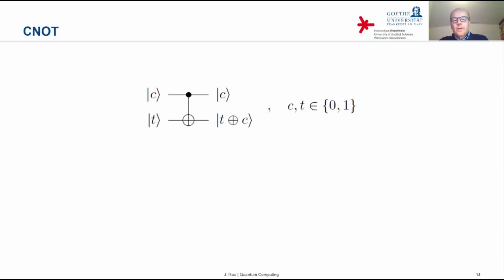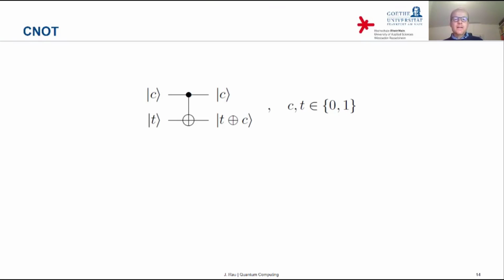The first qubit, the upper qubit, is called the control qubit, and its state is denoted by C for control. And the lower qubit, where the state is denoted by T, is called the target qubit.